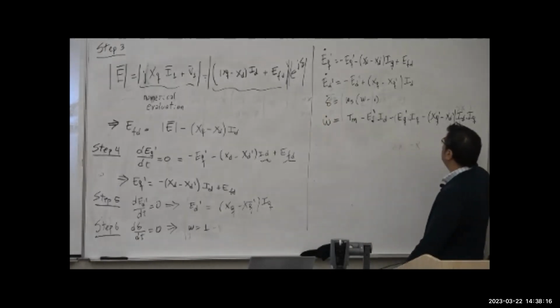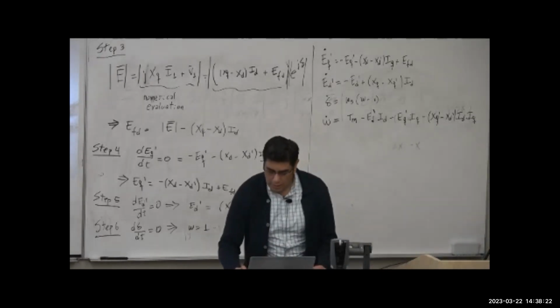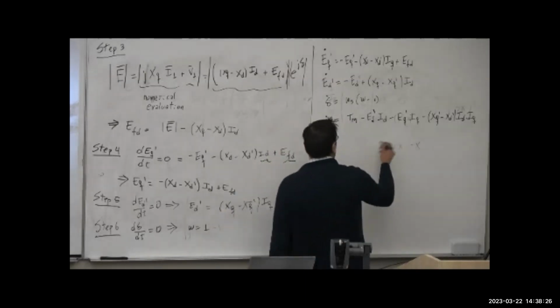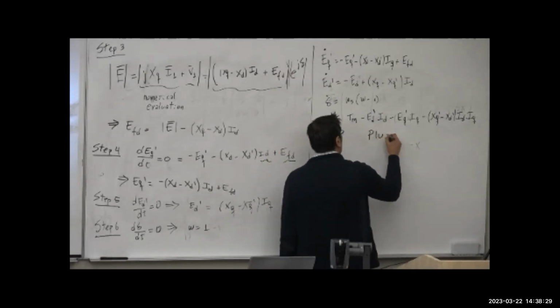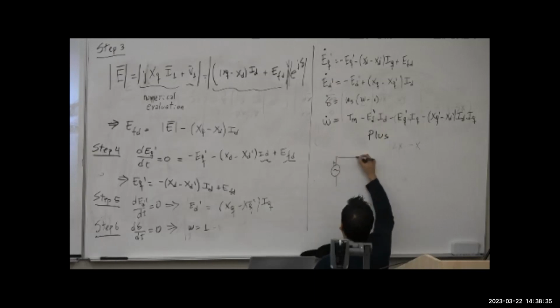But together with this, we need to consider the algebraic equation. And the algebraic equation is the model that we had before, plus the algebraic equation that will come from the model that we have for the machine.